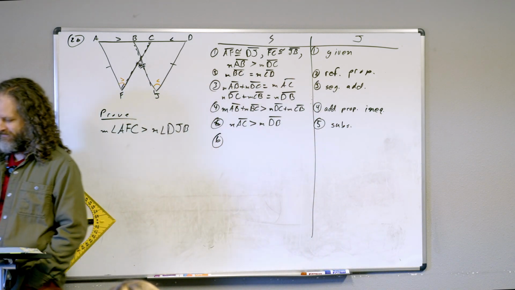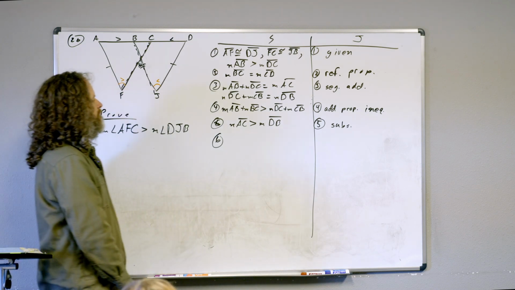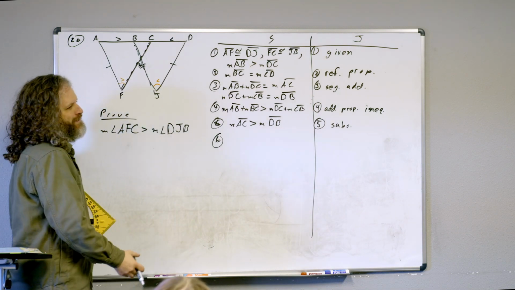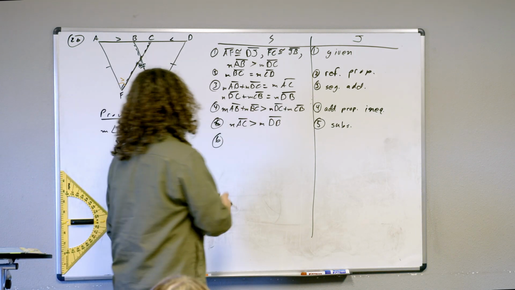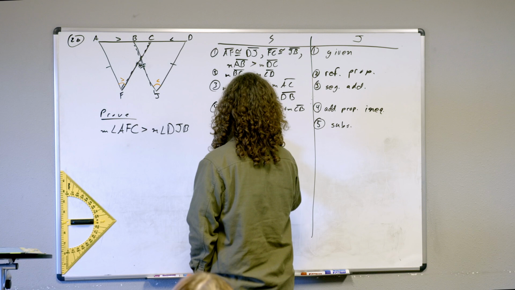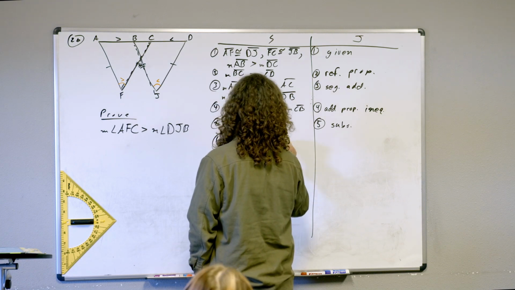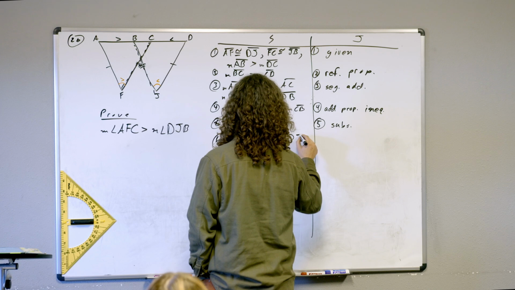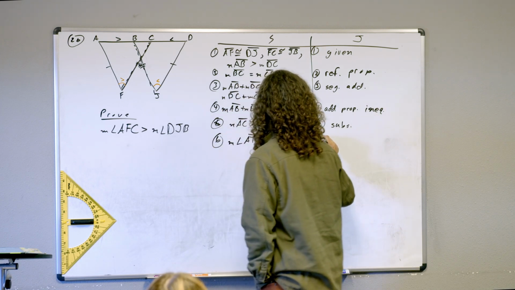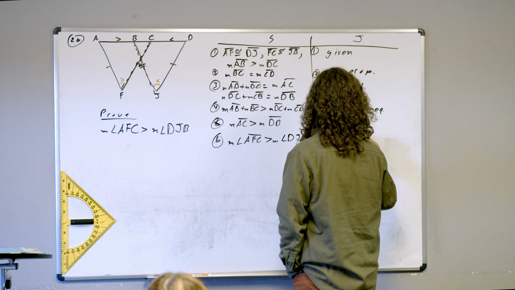Now what? Now we can use the Hinge theorem. No, the converse of the Hinge theorem. Measure of angle AFC is greater than the measure of angle DJB because of the converse of the Hinge theorem.